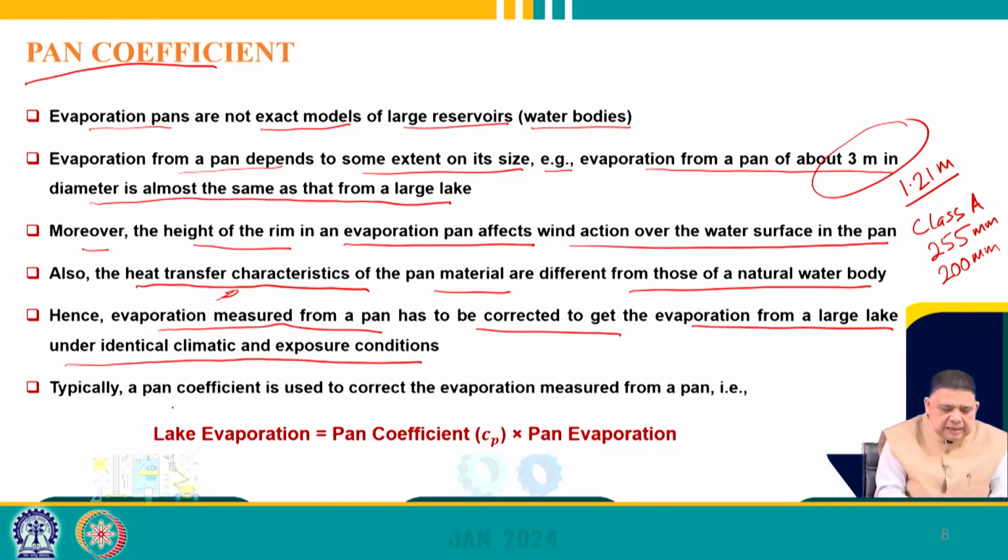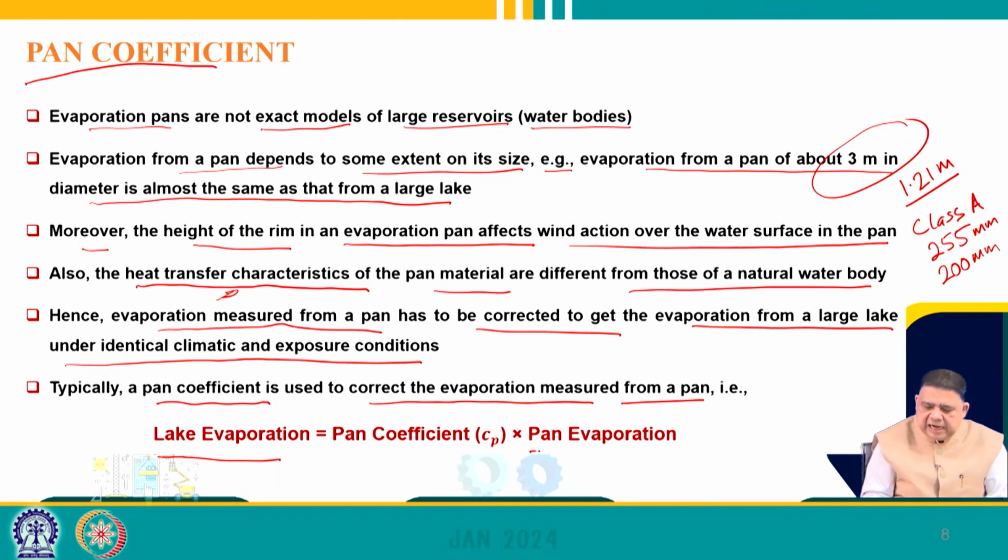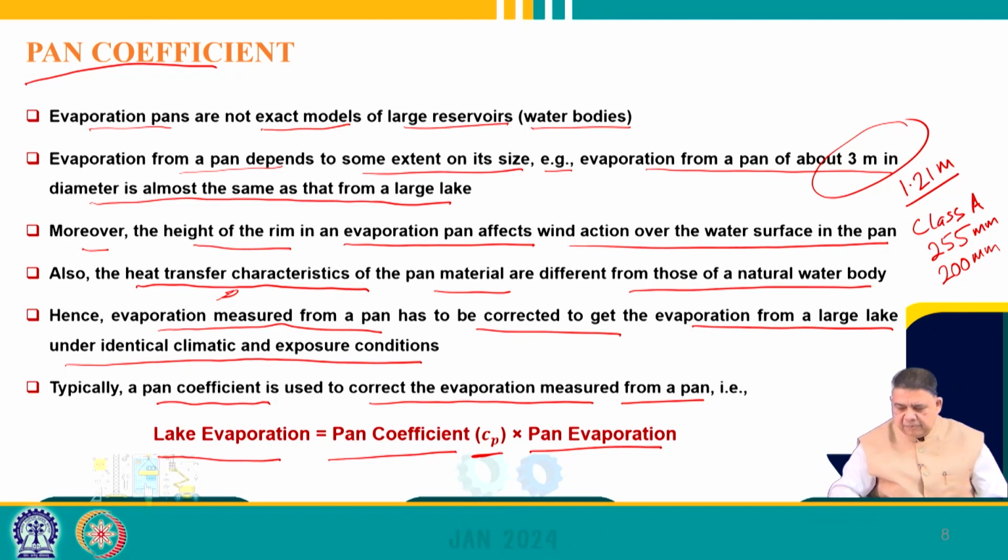So, that is why a pan coefficient is used to correct the evaporation measured from a pan. Lake evaporation is pan evaporation times a pan coefficient, which is Cp. So, we multiply the pan evaporation with the pan coefficient in order to get the representative lake evaporation.